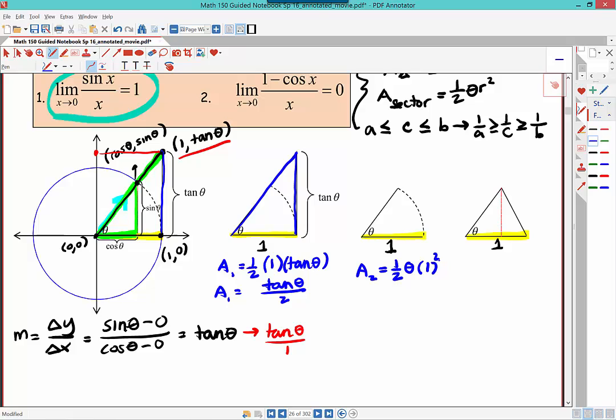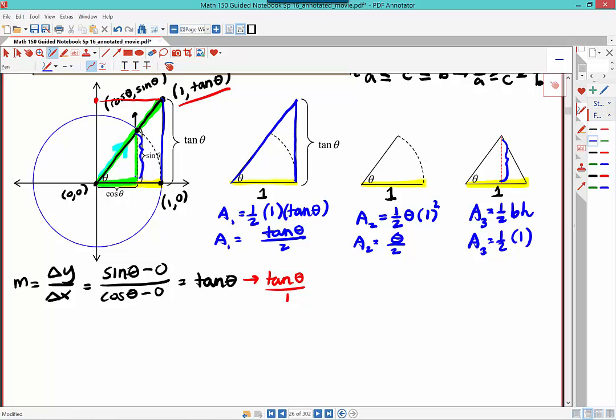So we'll have 1 squared. So area 2 is going to be theta over 2. And then area 3, this little triangle, 1/2 times base times height. Area 3 is going to be 1/2 times 1. And what's the height of this guy? Do you see it's the sine theta? So area 3 is going to be sine theta over 2.